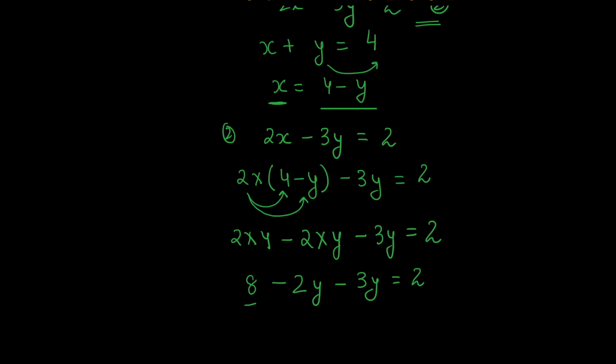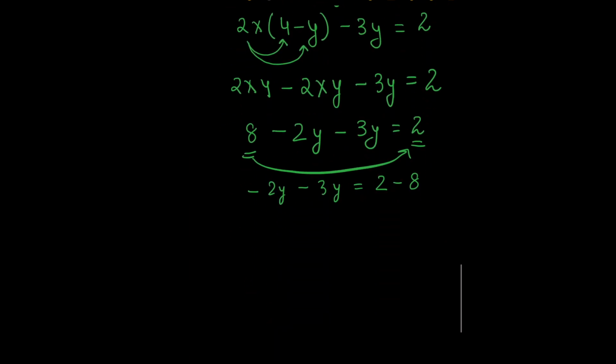And again the like terms, so this is a number and this is a number, so this number will go into the right hand side. So this becomes minus 2y minus 3y equals 2 minus 8. So negative and negative becomes positive.